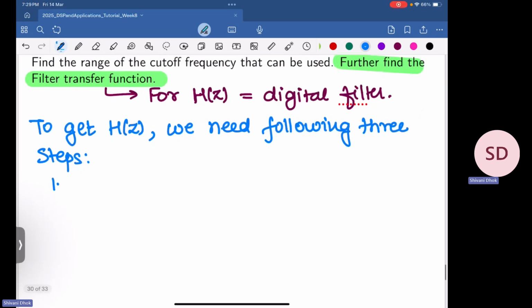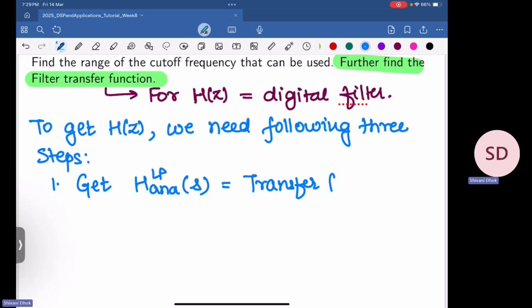First one is to get H analog LP of S, which is the transfer function of the analog filter of the equivalent low pass filter.